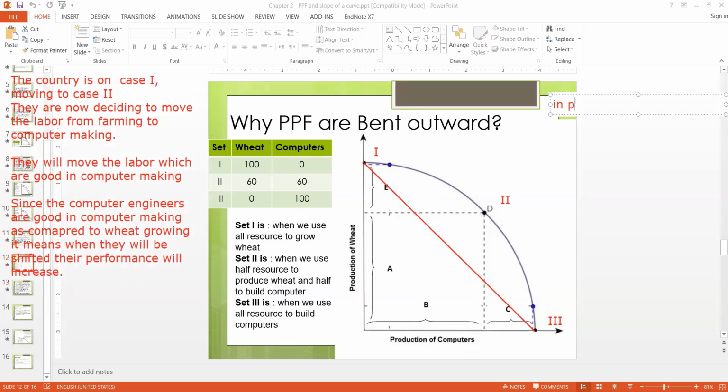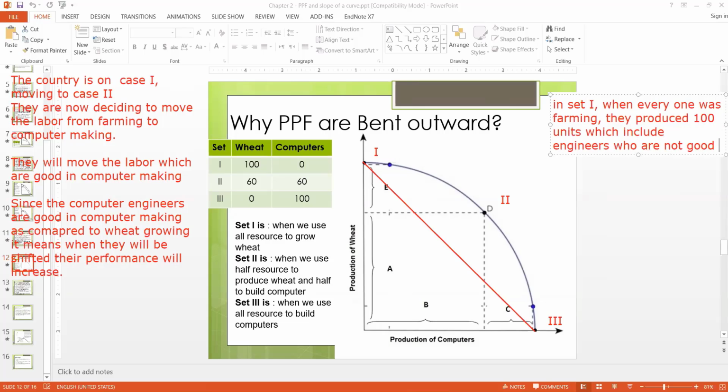So I will start writing here. In set 1, when everyone was farming, they produced 100 units, which include engineers who are not good farmers.